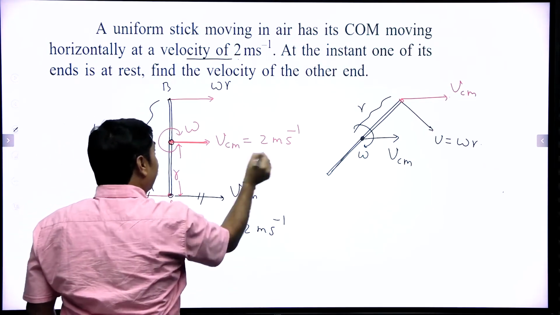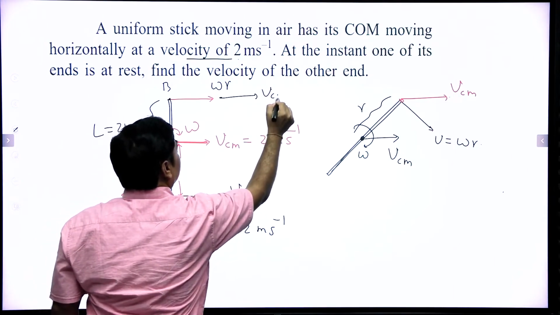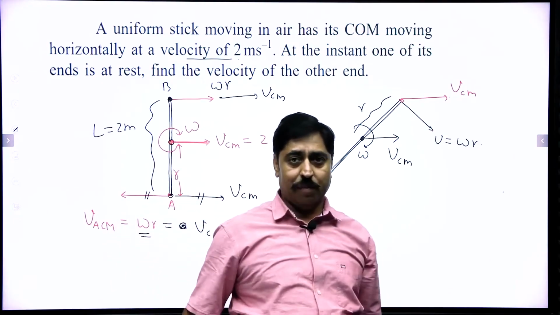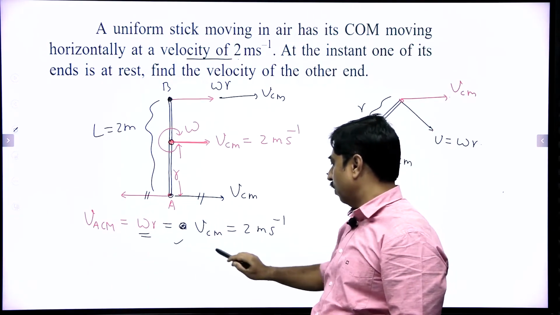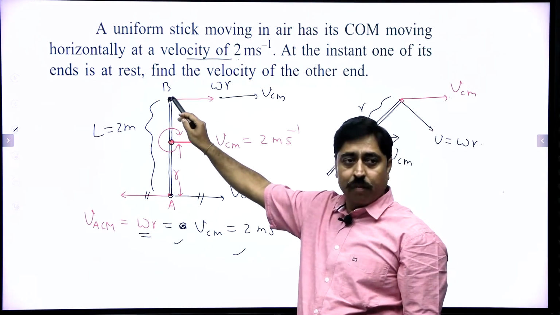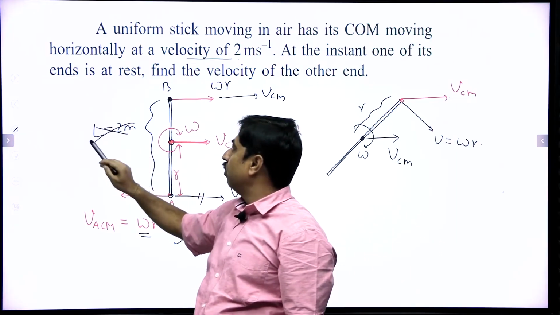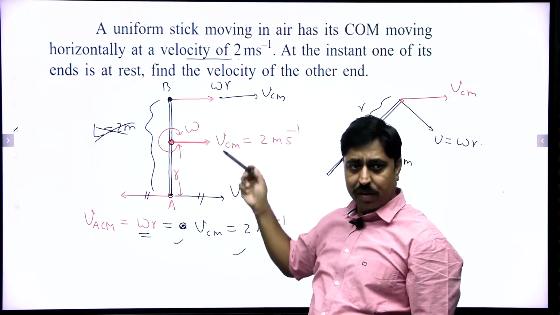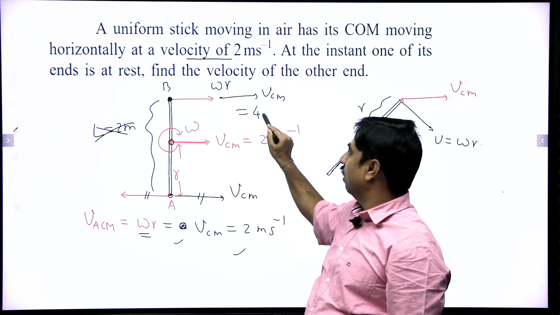To this I will add the velocity of the center of mass. So the velocity of point B will become 4 meter per second, because I have already calculated that omega r is 2. You add to that the velocity of the center of mass and you get 4 meter per second.